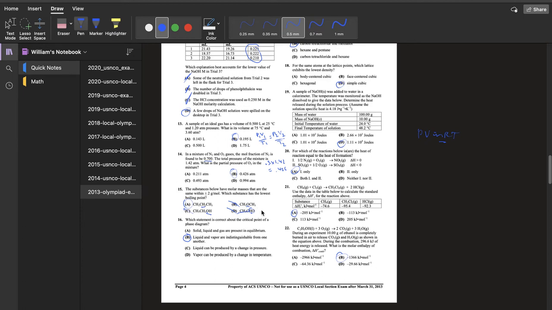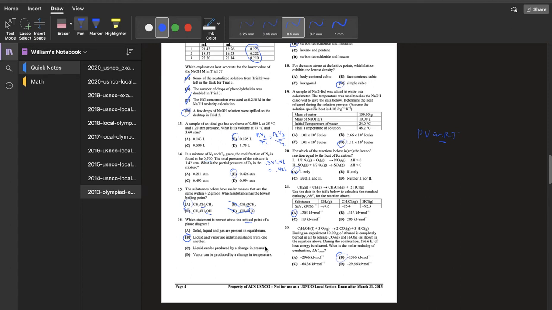Okay, 16, which is correct about the critical point. On a phase diagram, triple point means that solid, liquid, and gas are all in equilibrium. It's where they all converge, and it looks like 3 different lines are coming out of the same point, so it's really easy to recognize.